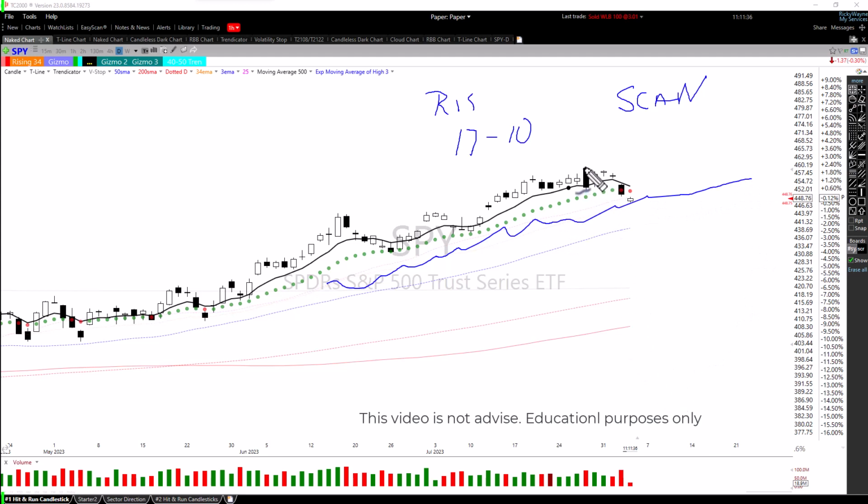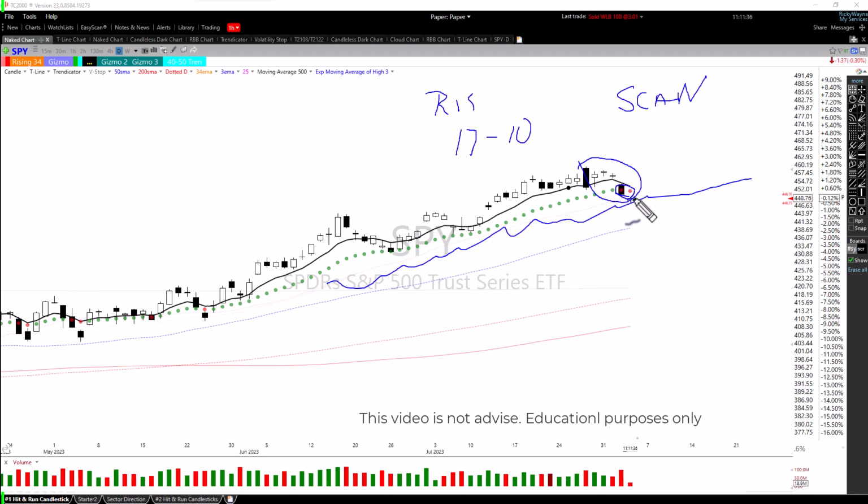Now if that's in the background and everything I look at is trending, now I can just concentrate on price action right here. And where the 10 rising, the 17 rising, you see right here, we lose the 17 now. It's not rising. We've dropped it.